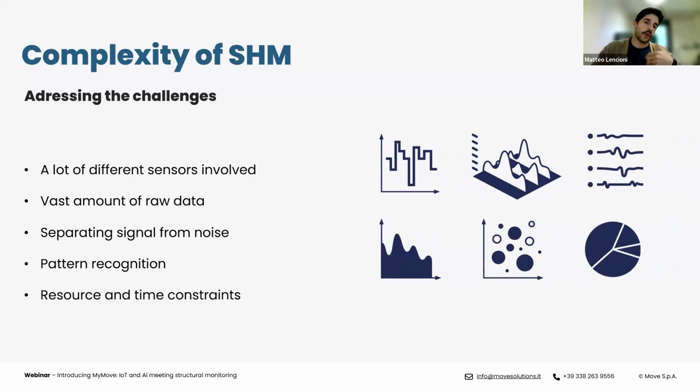So for whoever is performing the monitoring, it can become hard to analyze that data and find what's worth looking at.